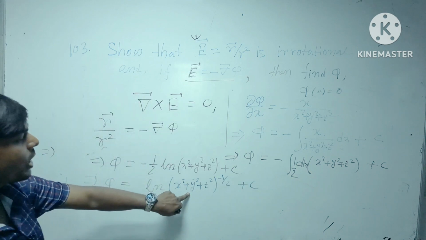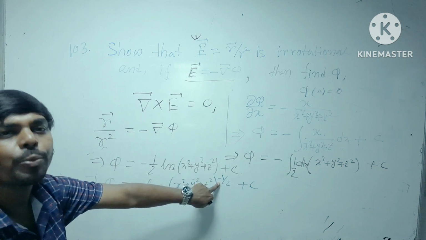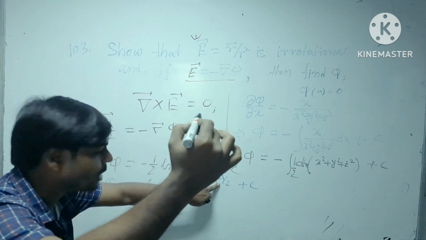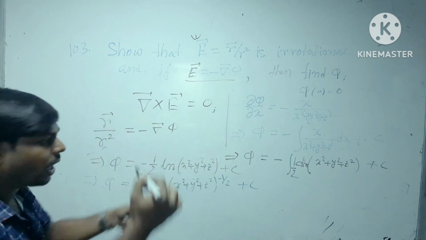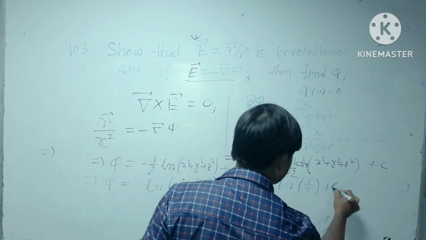What is the x square plus y square plus z square? It is r square to the power minus half, that is r to the power minus 1. This is nothing but ln 1 by r, so it is ln 1 by r plus c.